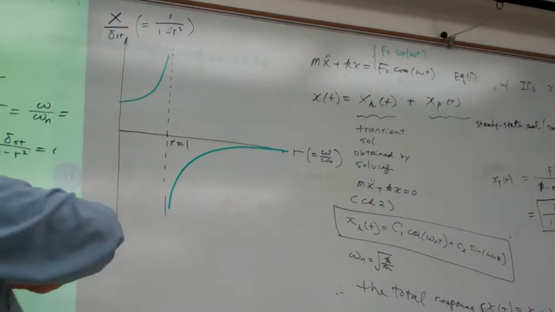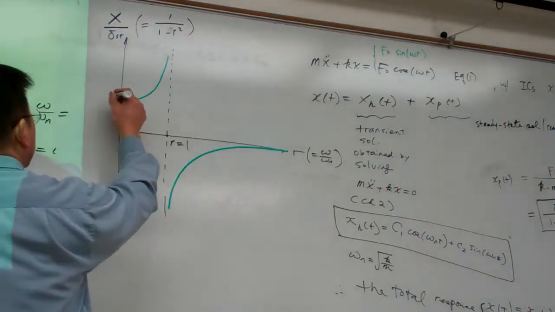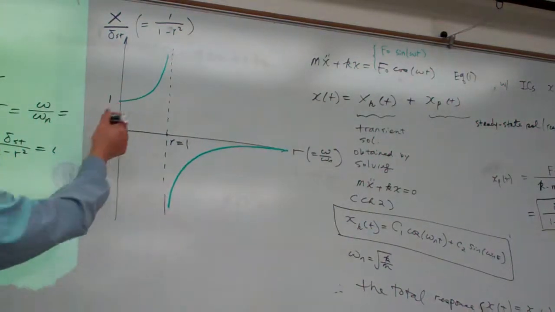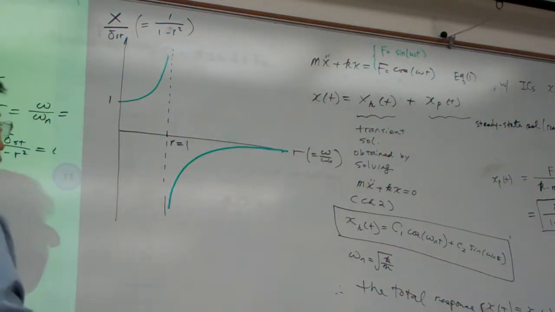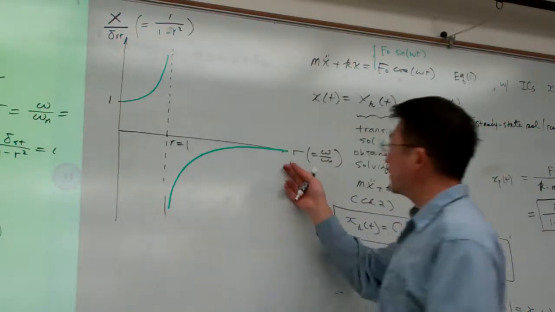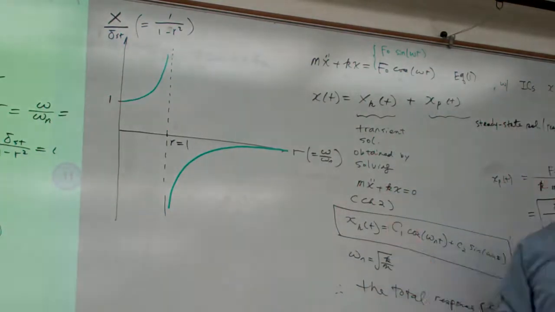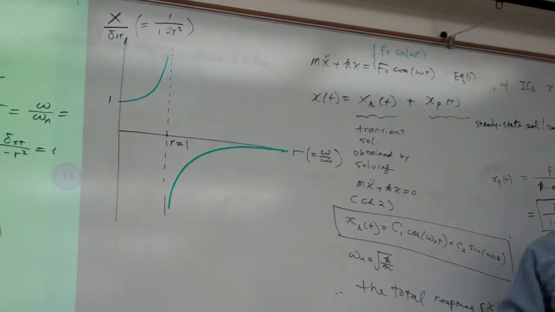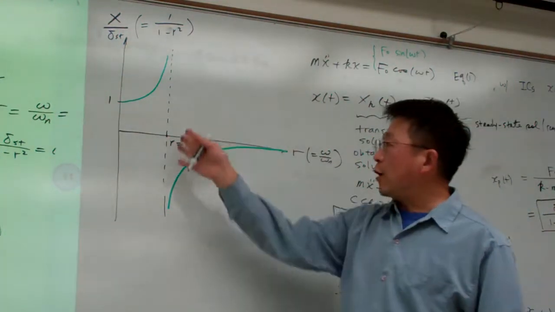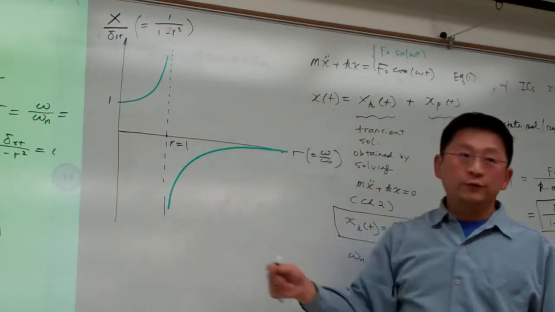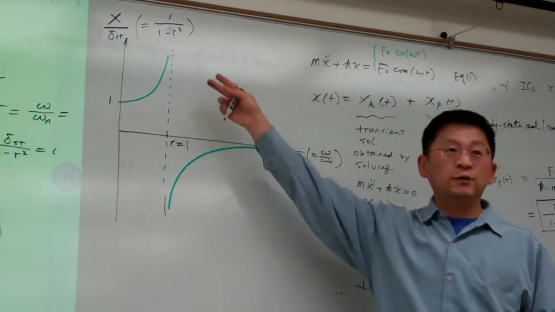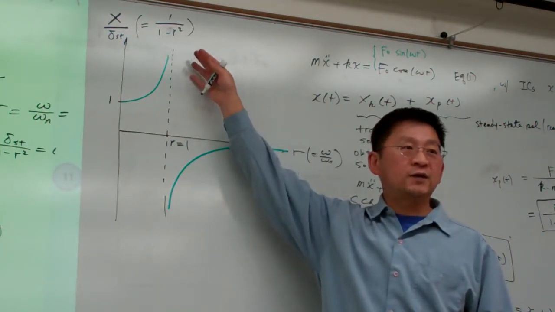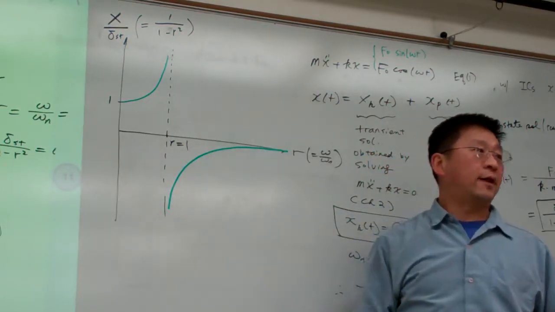When r equals 0, this ratio equals 1. And when r approaches infinity, the whole ratio approaches 0 from the negative side. And when r equals 1, that value is singular. We call it singular, and that means it goes to infinity in magnitude.